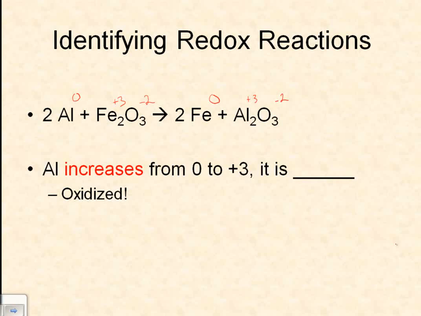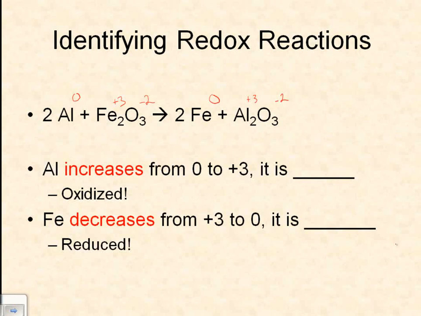So because aluminum increased from 0 to +3 and iron decreases from +3 to 0, I like doing the decreased one. If the charge on iron reduces, that means it is reduced. Okay? And the opposite way, aluminum going up, means it's oxidized. So you could do Leo the lion says grr, right? But I like doing if the charge goes down, it is reduced.